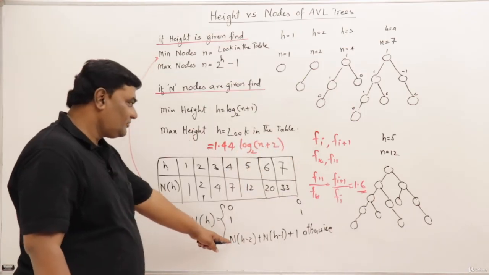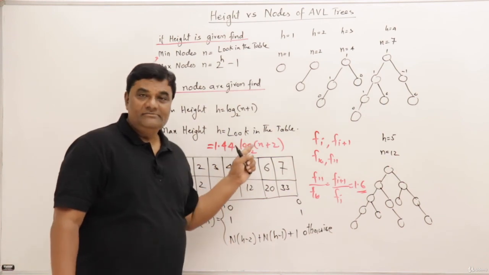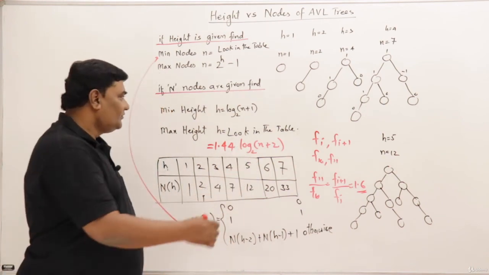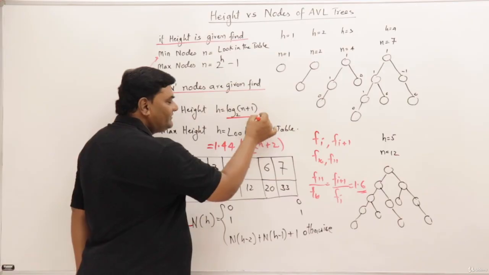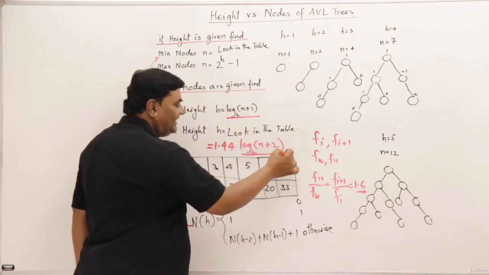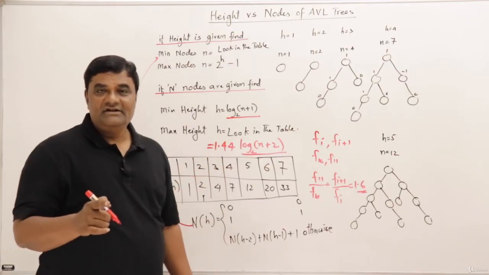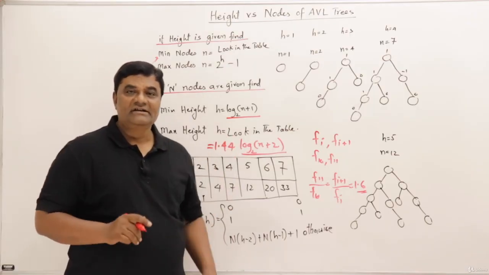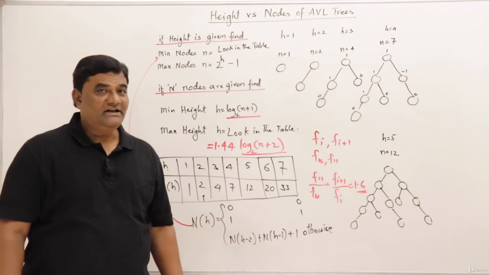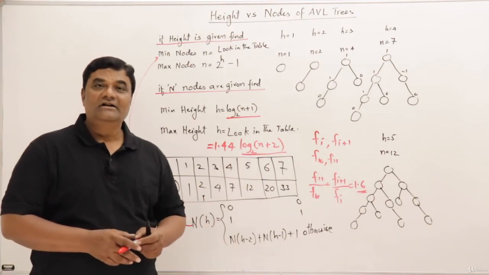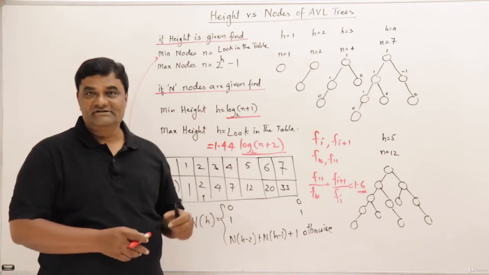If you use this formula and convert it in terms of log n, we get this answer. So minimum height is also logarithmic, maximum height is also a multiple of logarithmic, but logarithmic only. So AVL tree's height is always in terms of log. That's it. This is enough with the analysis of height versus nodes.